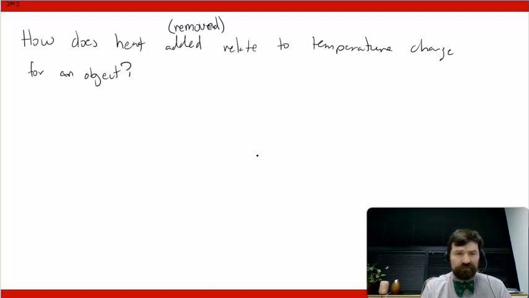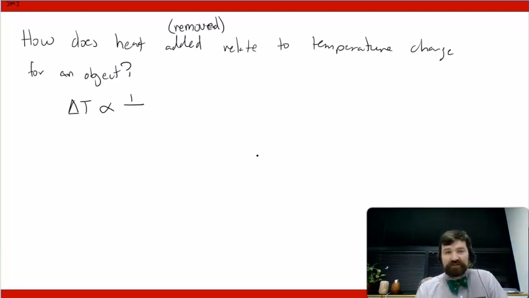Putting that statement together, I would expect something like delta T to be proportional to 1 over the amount of stuff. Now, I treated the amount of stuff as if it was a volume, but that's not a very good measurement. A large room or a small room is not a great measurement. It's better to use how much actual air is in the room, or how much actual stuff in general is there.